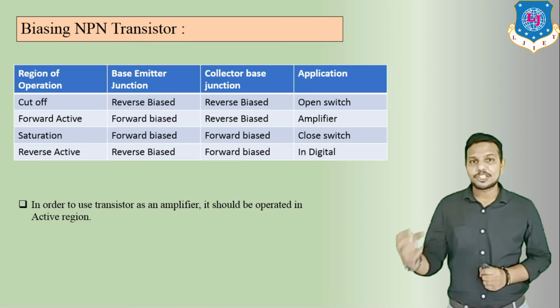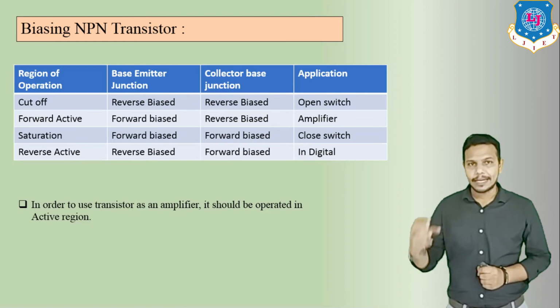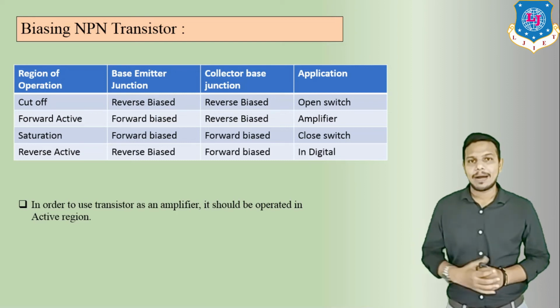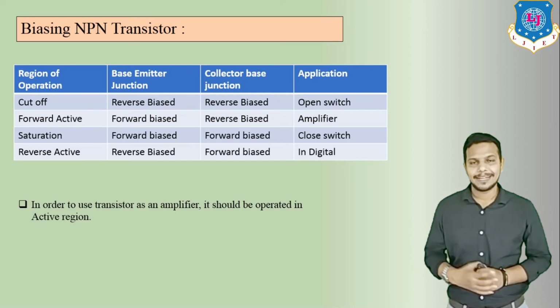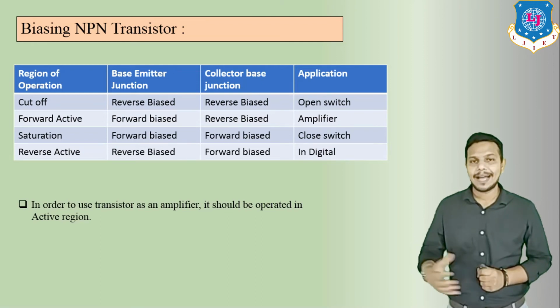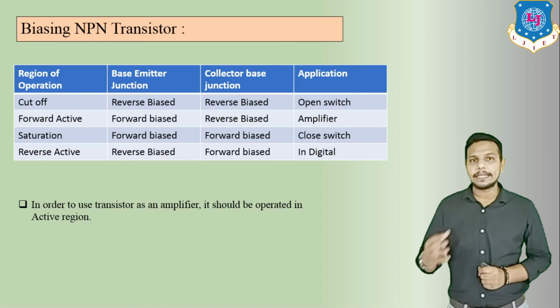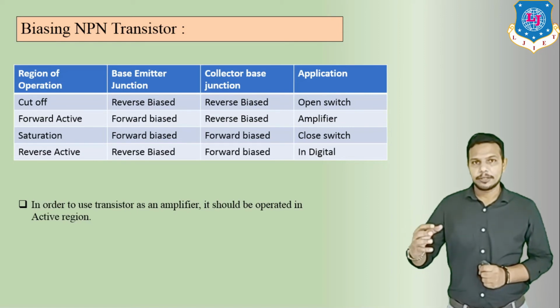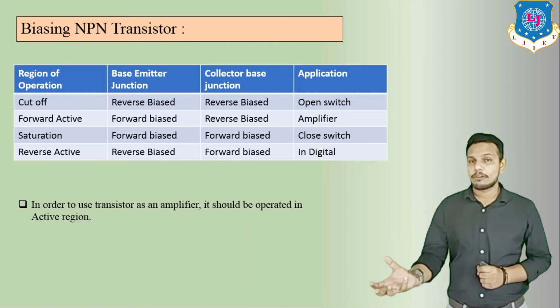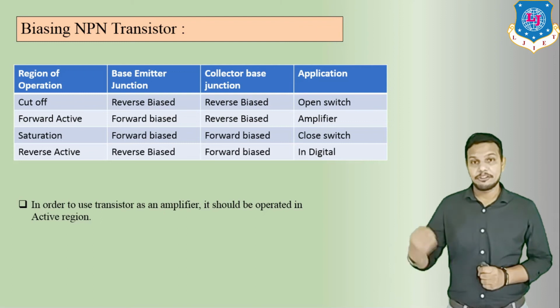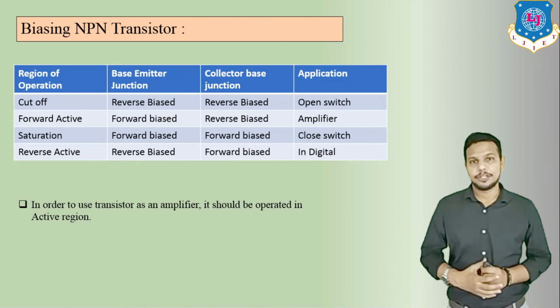If the base-emitter junction is forward biased and the collector-base junction is forward biased, then it becomes the saturation region, and its application is a closed switch. And last, if the emitter-base junction is reverse biased and the collector-base junction is forward biased, it becomes the reverse active region.